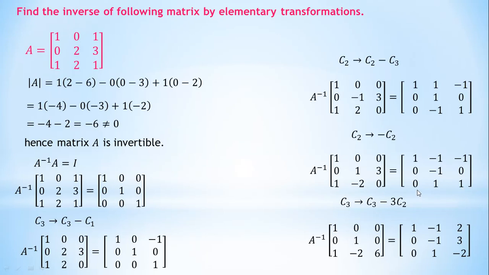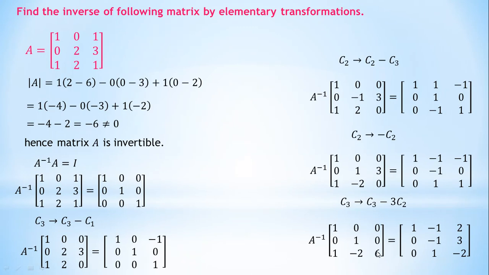And 1 minus 3 into 1, that is 1 minus 3, that is minus 2. So do the rough work here if you want, and just perform this transformation, C3 minus 3 times C2. So here we get 0 by this transformation.